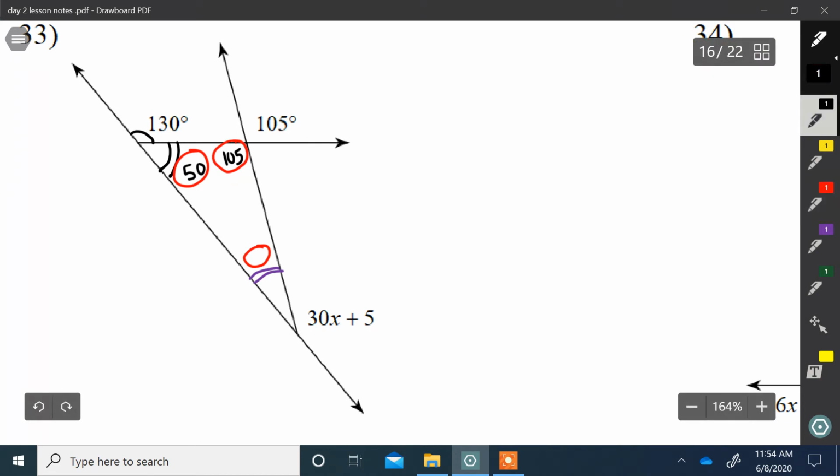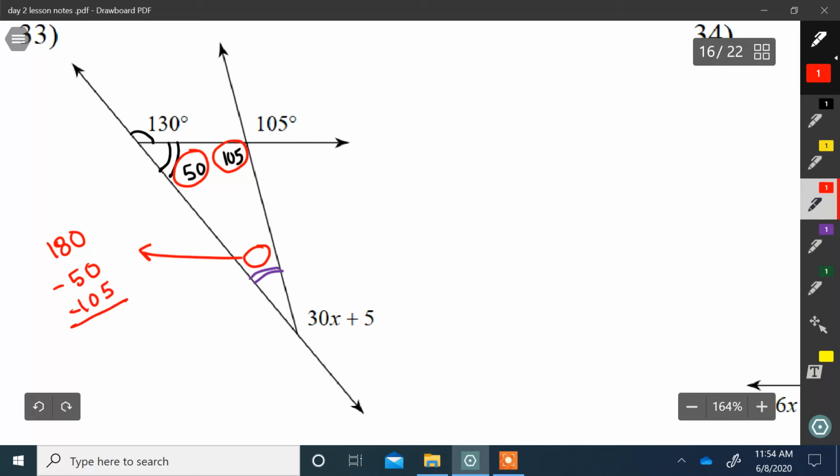So what I could do to find that is subtract 180 minus 50 minus 105. So 180 minus 50 is 130, minus 105, that's going to be 25. So this right here is 25.